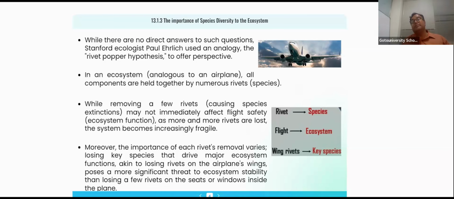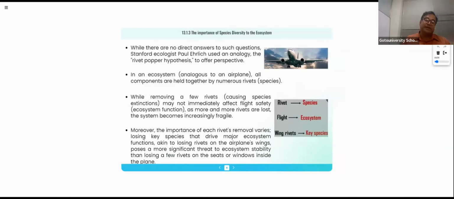So what is the purpose of explaining this when discussing ecosystems? When we remove any one species in an ecosystem, some have less impact value and some have maximum impact value.